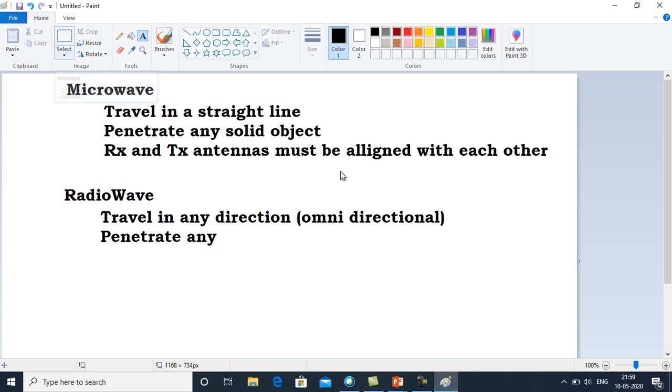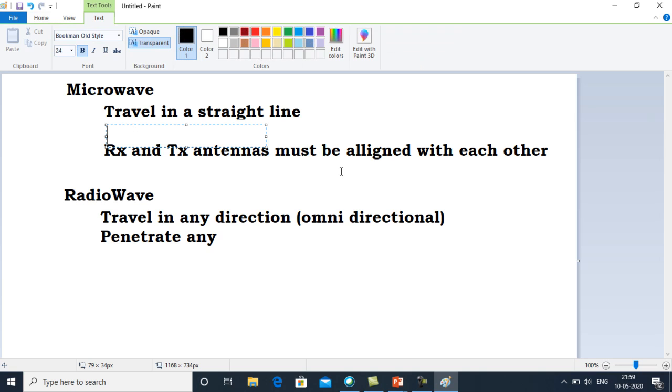Just wait, let's change this point. In case of microwaves, they cannot penetrate any object.